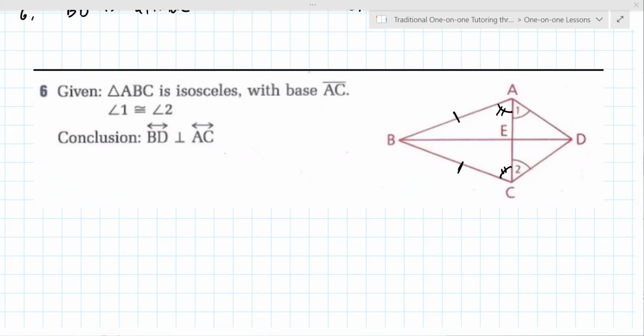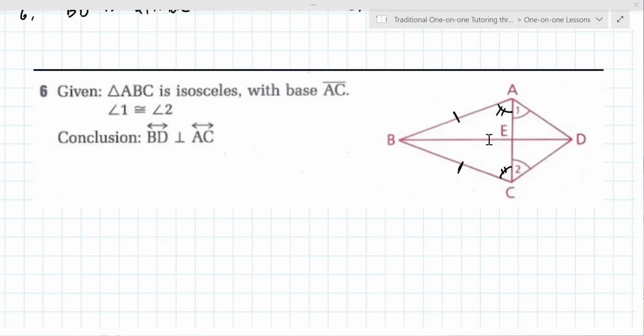I don't think that's enough. Bisector proves perpendicular bisector. Yeah, okay. So if you can prove that AE equals EC, that is enough to prove that this is perpendicular because it's a bisector. So the only possibility is that it's a perpendicular bisector. Does that sound reasonable?